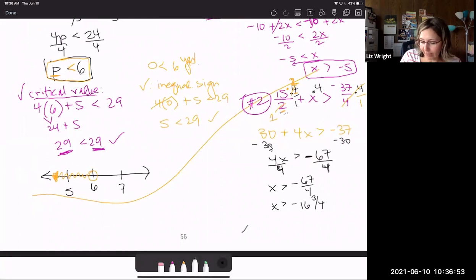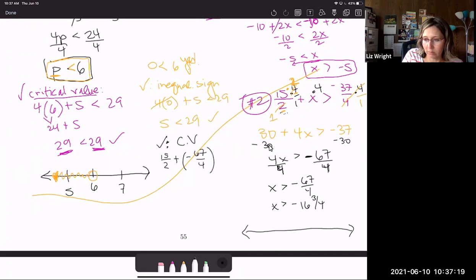So let's talk about checking this. I'm eventually going to graph it down here, but let's talk about checking it. I'm going to check my critical value right here. I've got 15 halves, and I'm adding negative 67/4.